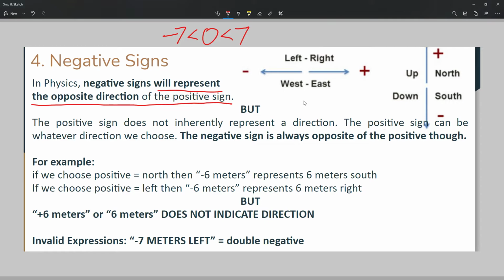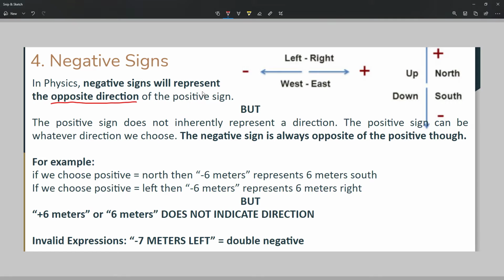Also remember in math, if you ever drew a plot, you know that, well, to the east and north is positive and south and west is negative. But there's a very specific reason why I said that the negative sign is the opposite direction of the positive.